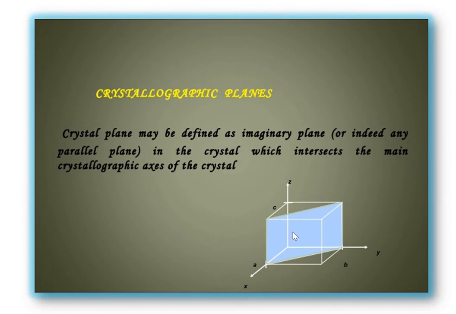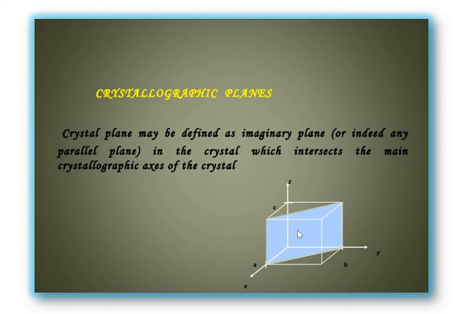Here I have shown one image. Here the crystal plane may be defined as an imaginary plane. The first and foremost point is that it is just an imaginary plane, or indeed any parallel plane in the crystal, which intersects the main crystallographic axes of the crystal.